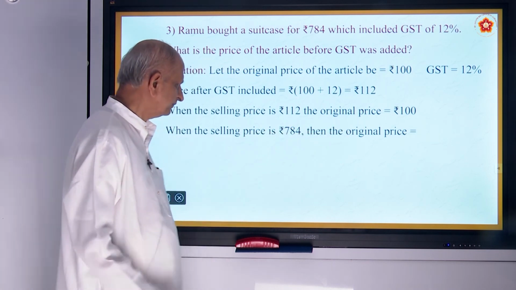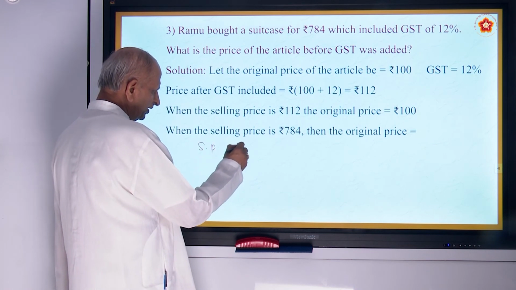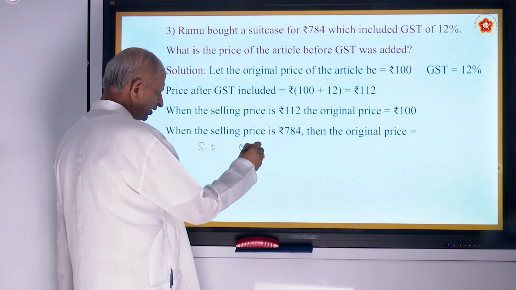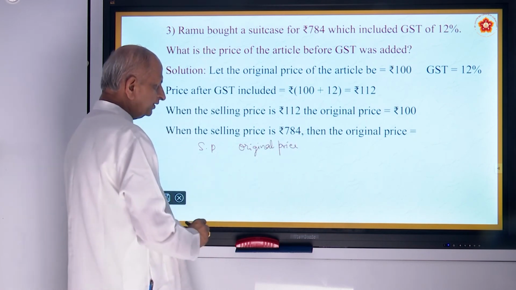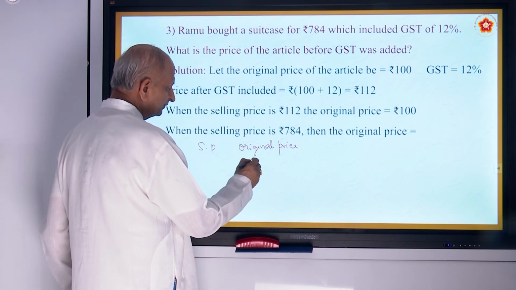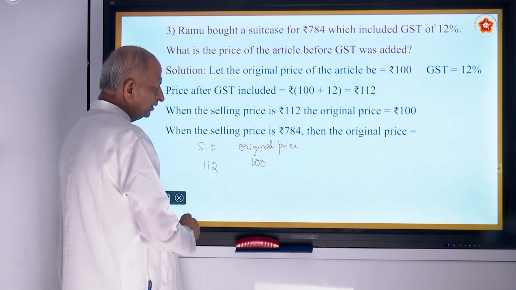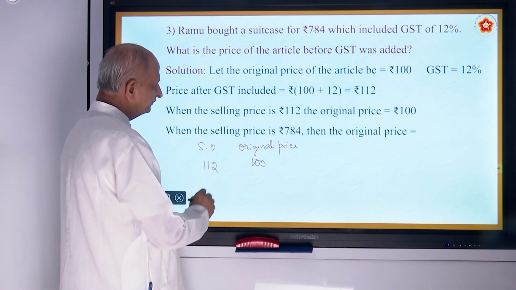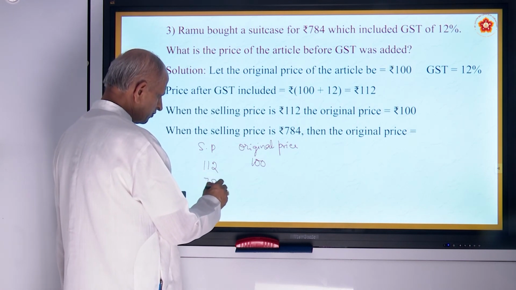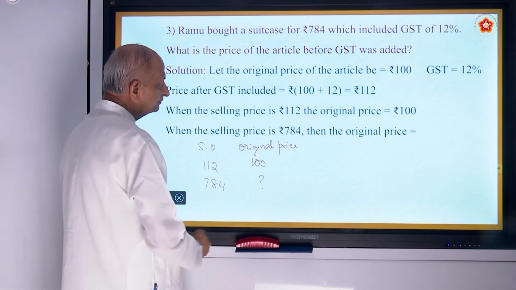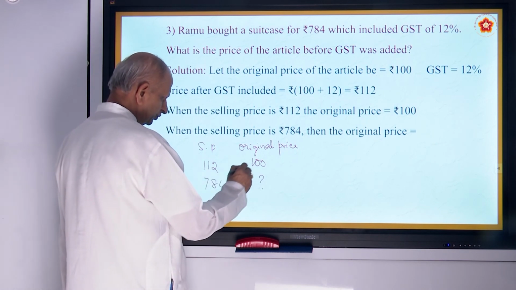What is the original price, or the cost price, before GST? If the cost price is 100 rupees, the selling price is 112. So you cross multiply.